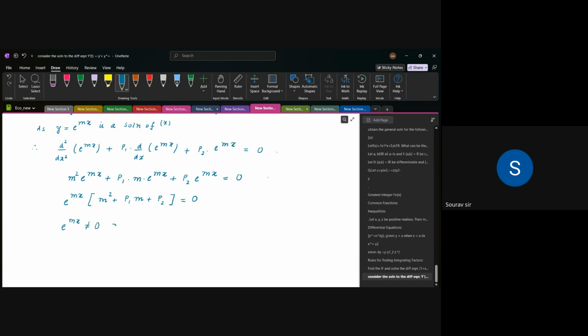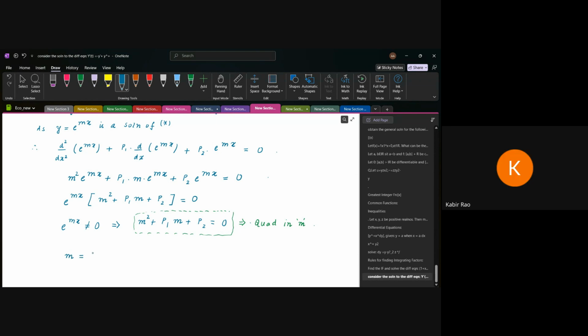So that means m square plus p1 times m plus p2 equals 0. From this equation, I need to find the value of m. This is a quadratic equation in m. Can anyone tell me the value of m?